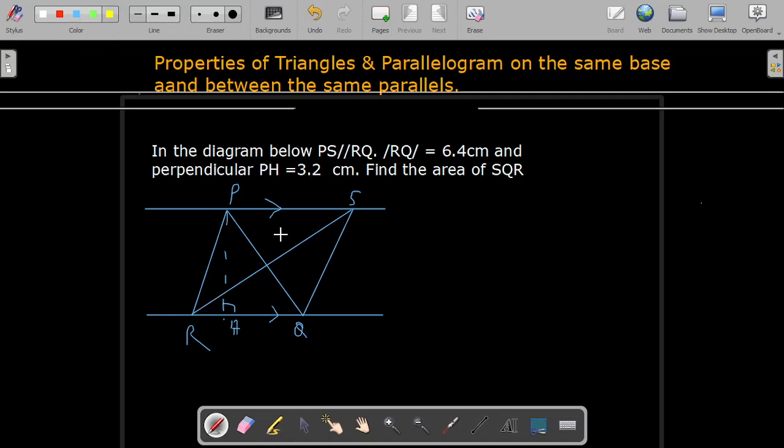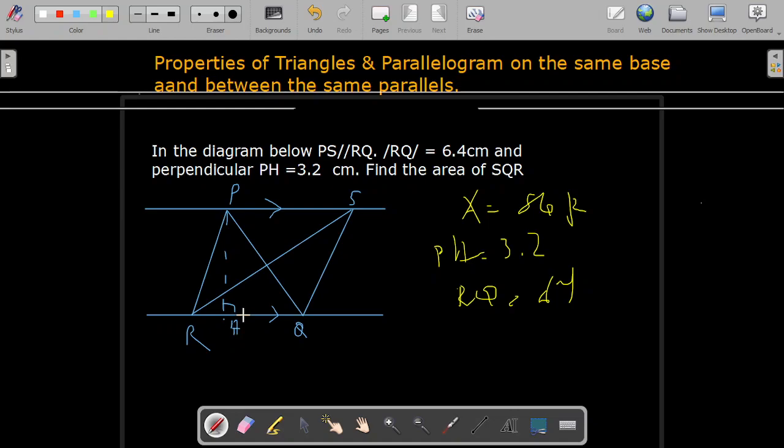We were told that PH is 3.2 centimeters, and RQ is equal to 6.4, and we have to find the area of SQR.